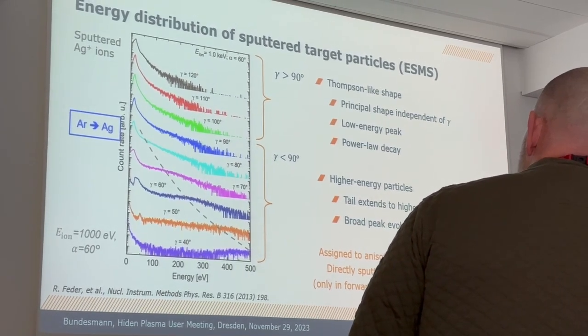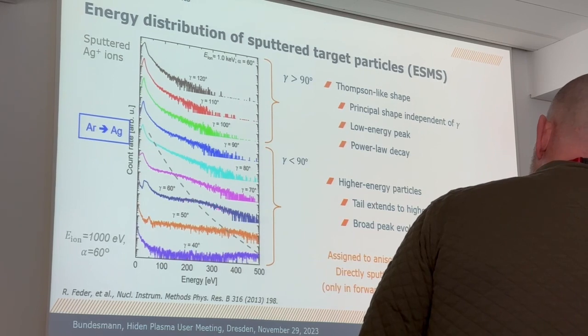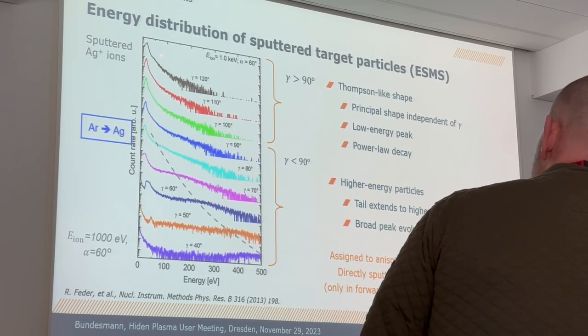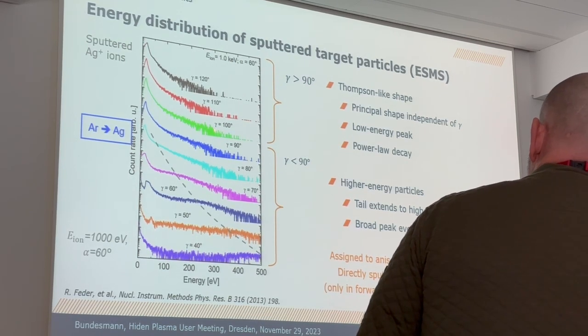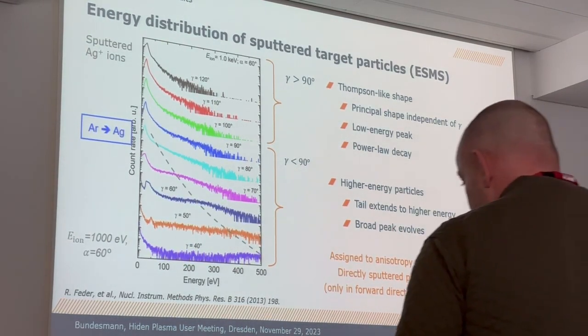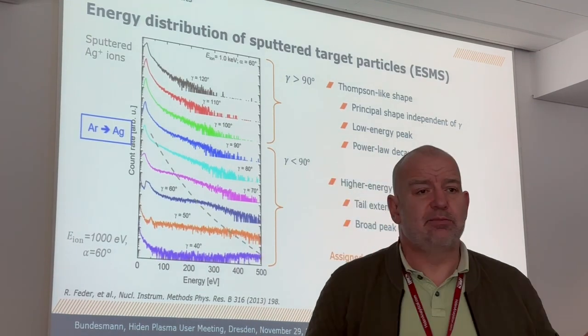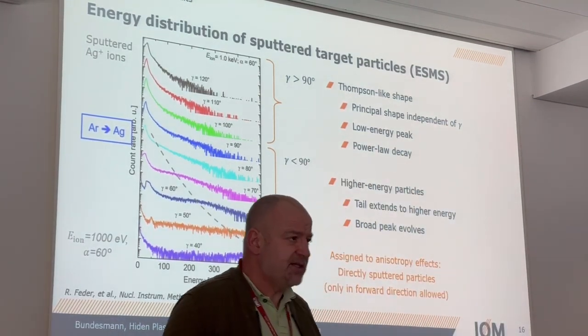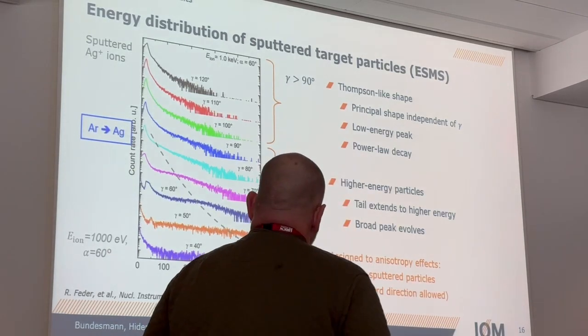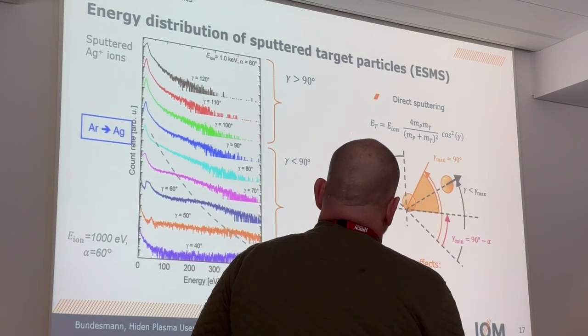It's not really easy to see, but it's a very broad peak, and the tail is not power law decay-like anymore. We assign this effect to so-called anisotropy effects. That means that the sputtered target particles are not from the collision cascade, but rather from a single or a few collisions.